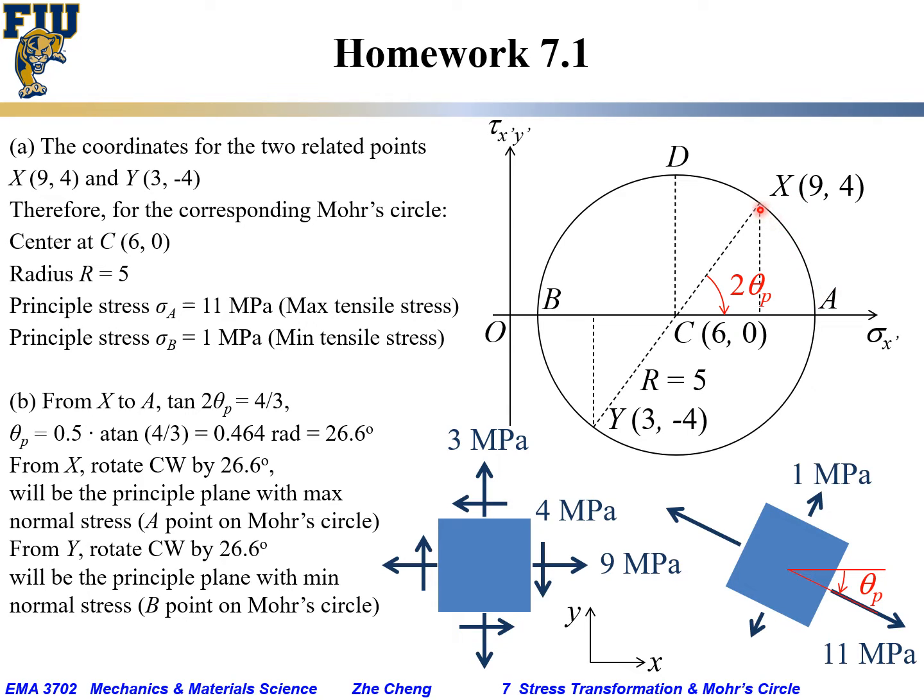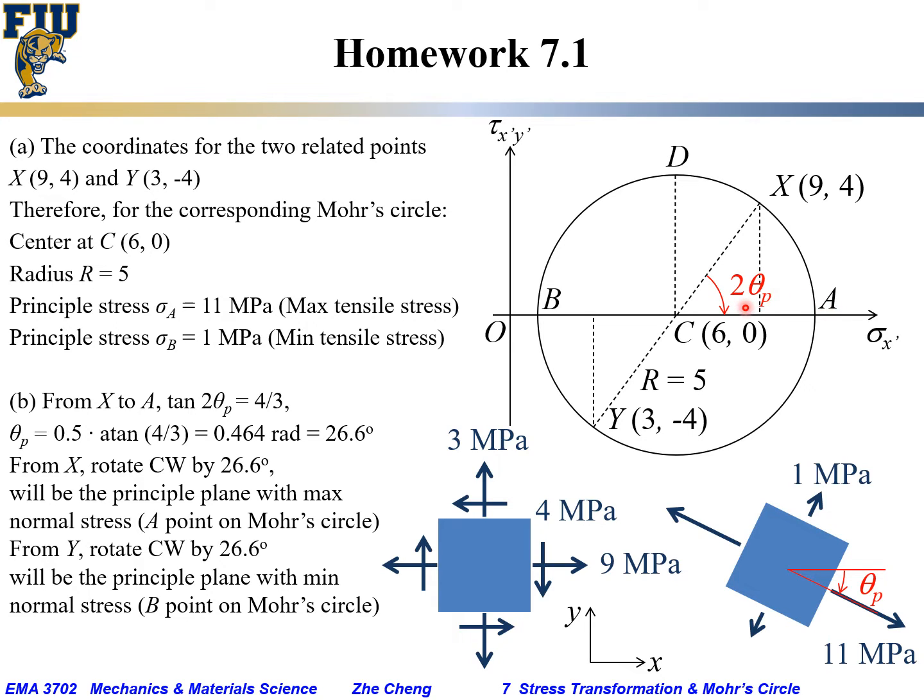You rotate from X on the Mohr circle clockwise by this 2 theta P angle to find A.